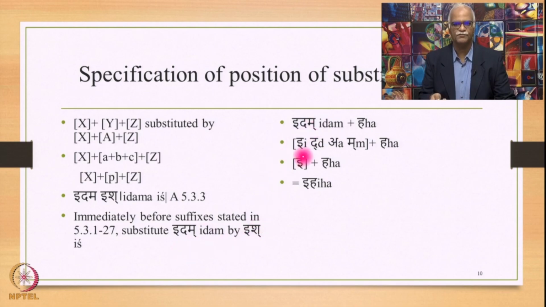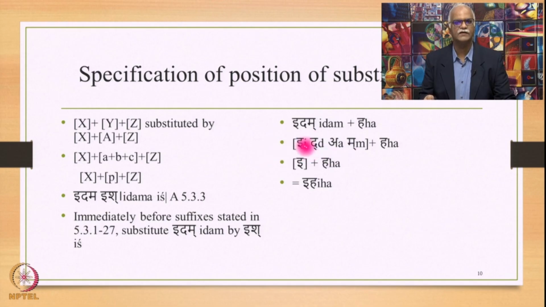Idam consists of sounds i, d, a and m, 4 sounds. And ish consists of only one sound i with a marker sh. But now because of this marker sh, this one sound substitute i will substitute the entire substituent which consists of 4 sounds.